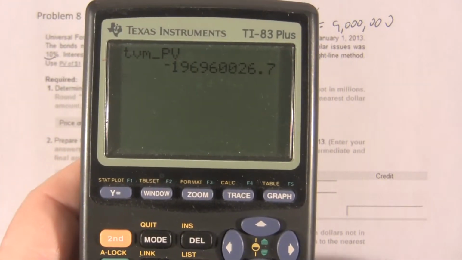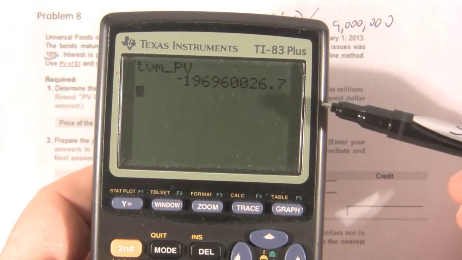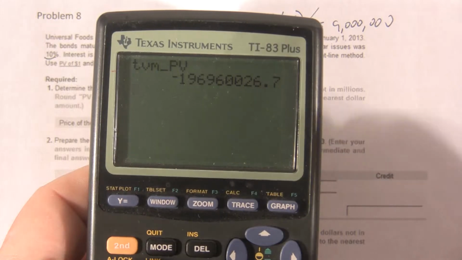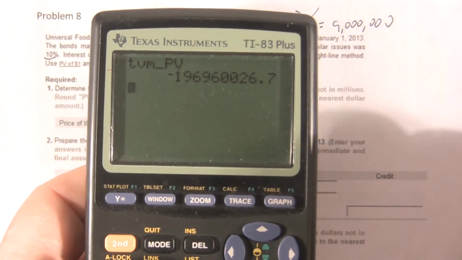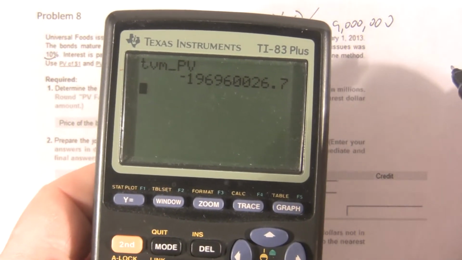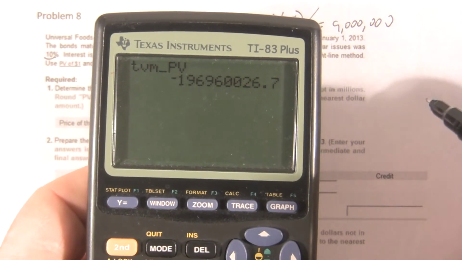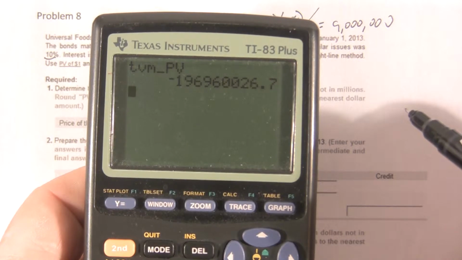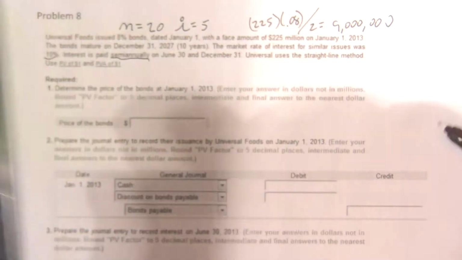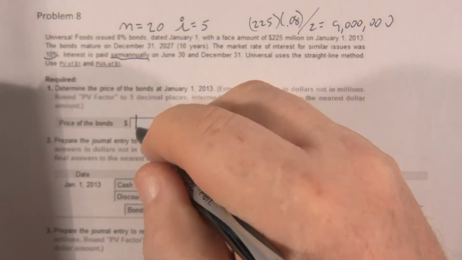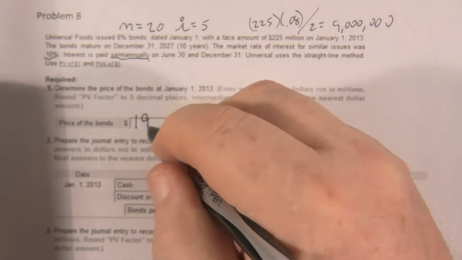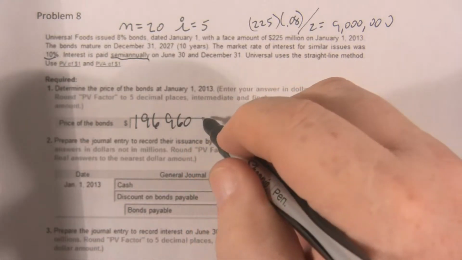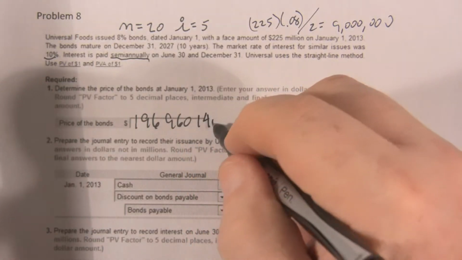Hit enter, and we're told that this bond is worth today, if we wanted to buy it right now, with everything else being the same, as our friends like to say, ceteris paribus, it would cost us, hence the minus sign, $196,960,026. So that's the selling price for the bonds right now, $196,960,140.